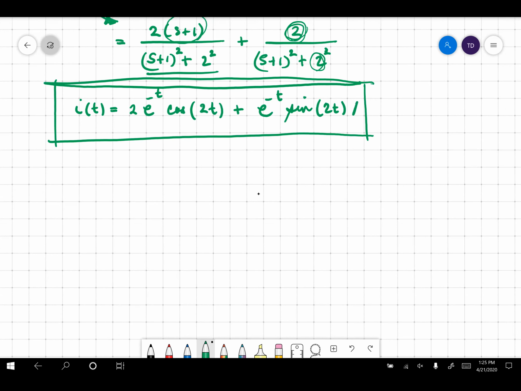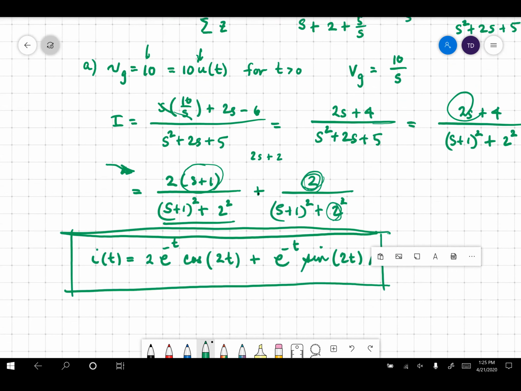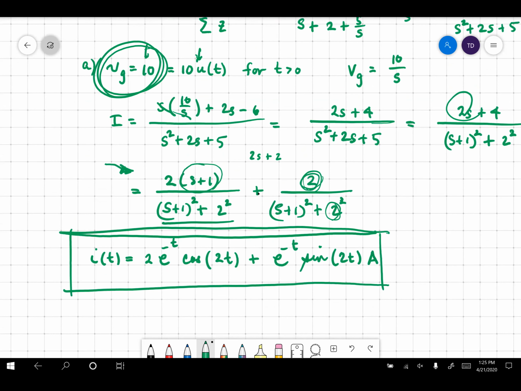So let's put my units in there. My unit is amps. It's a current. Notice something interesting. Maybe you didn't, so let's notice it together. The source in this particular function is what kind of a source?